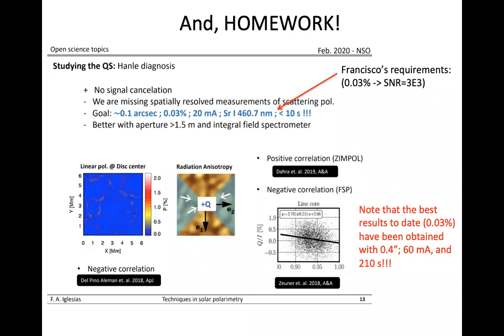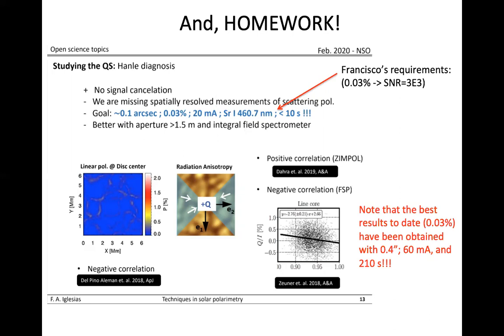Francisco was a visitor last week, and he is one like Valentin. He enjoys polarimetry very, very much. He likes to study phenomena where the magnetic field is extremely small, and so the actual polarimetric signal is very low. So you need a lot of care in getting that.